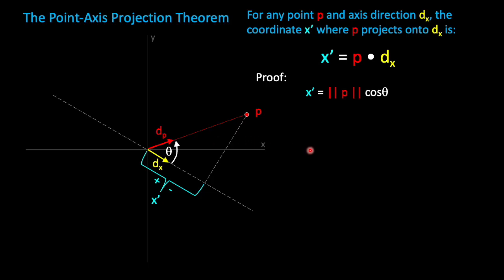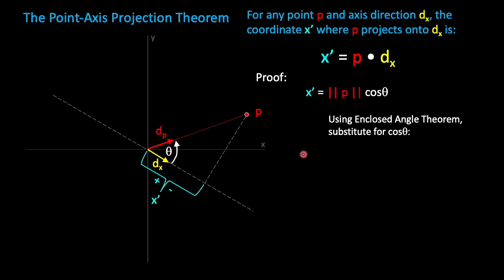Okay. Well, just from the simplest trigonometric definition of the cosine, it's the adjacent over the hypotenuse, correct? Well, we can rewrite that as this length of this leg of the right triangle, x prime, is equal to the hypotenuse times the cosine of the angle theta. So this is just basic trig for cosine.